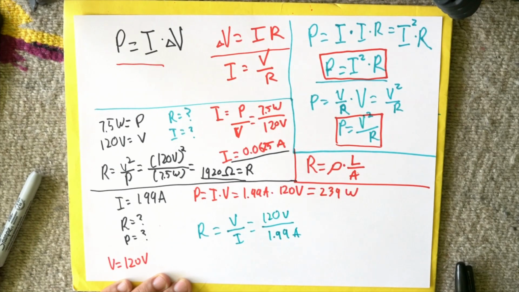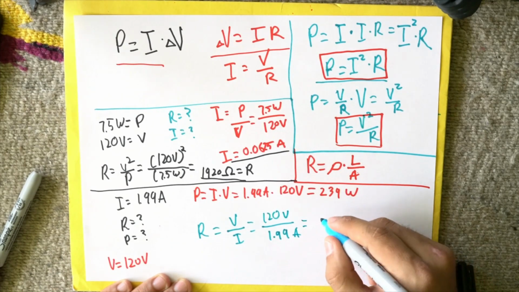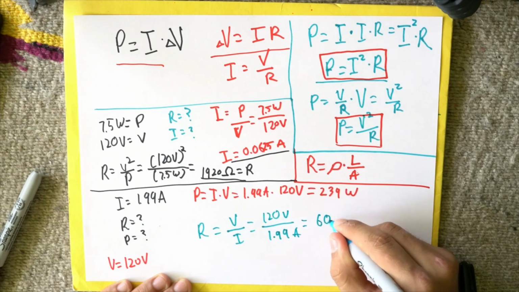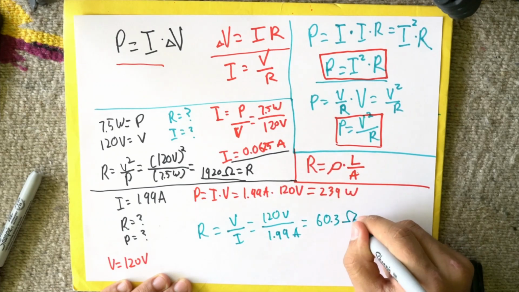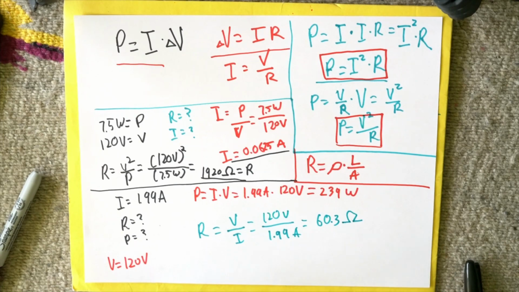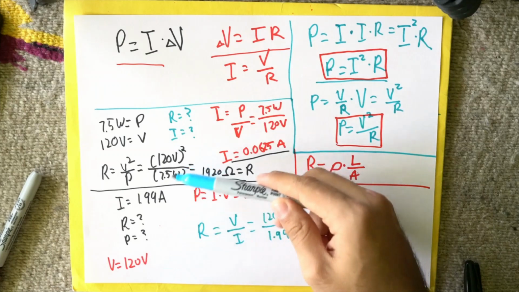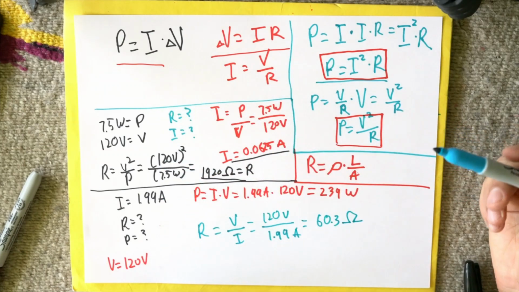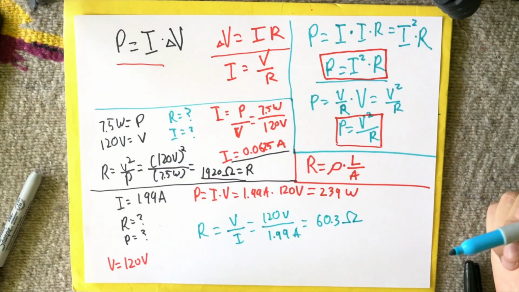And you know, I can do a little rounding, it should be 60.3 ohms.